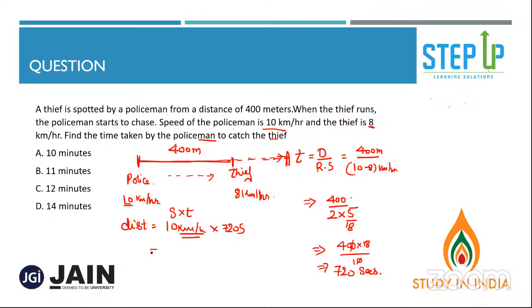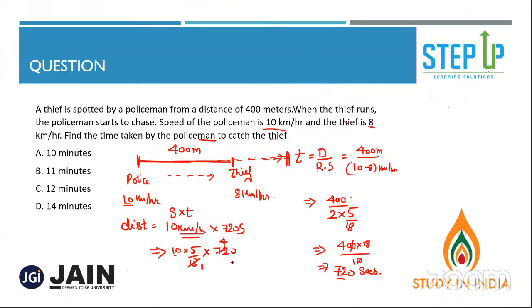Convert this into meter per second. 10 into 5 by 18 into 720. 18 1, 18 4, 4 into 5, 20. Find the time taken by policeman to catch the thief.